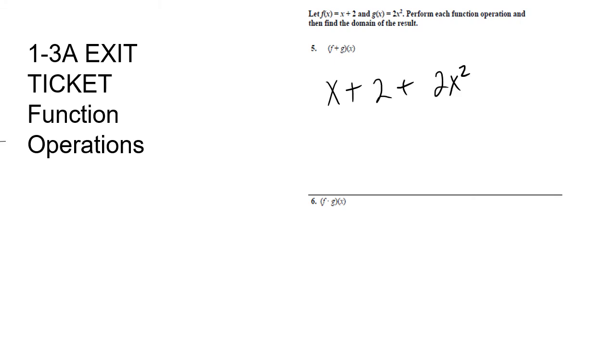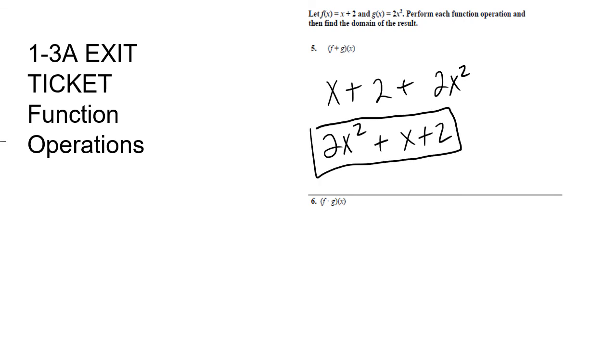There are no like terms, so literally all I have to do is rearrange this to put it in the correct order. So we have 2x squared plus x plus 2, and then my parent function is quadratic, and the domain of quadratics is all real numbers, negative infinity to positive infinity.